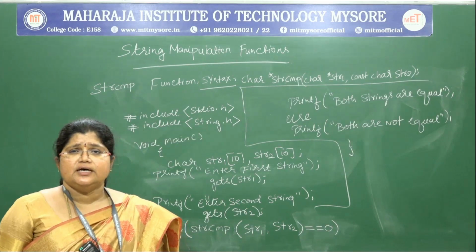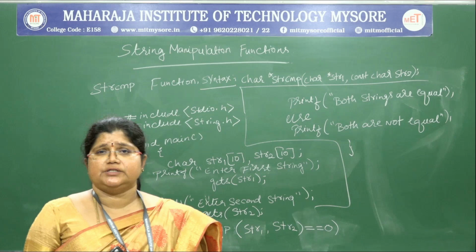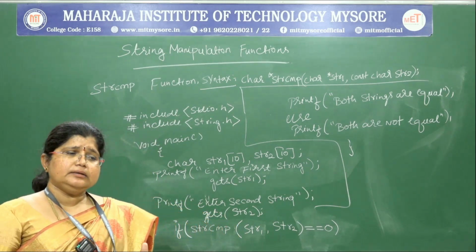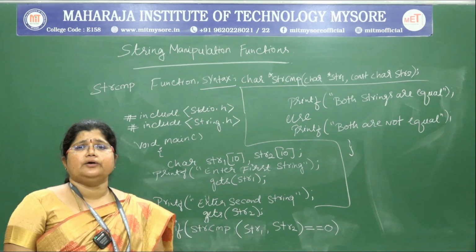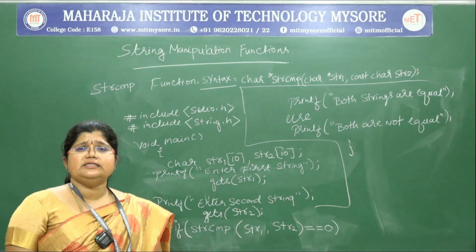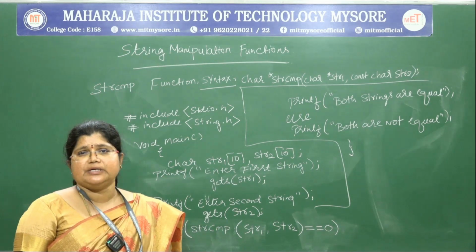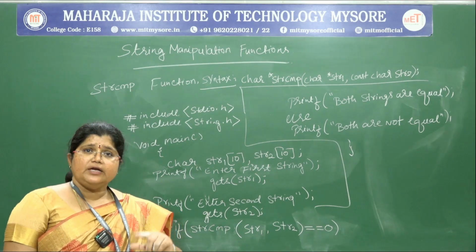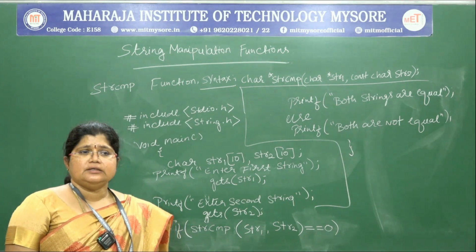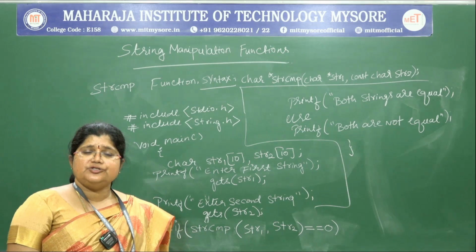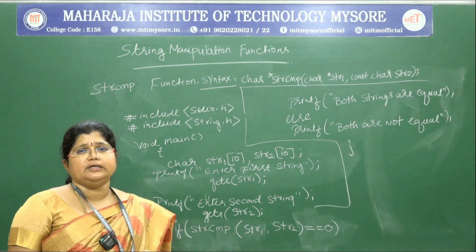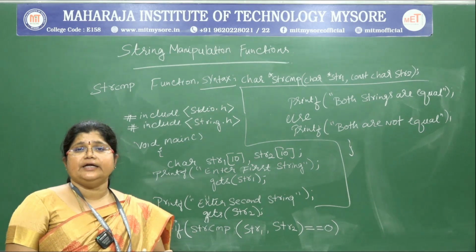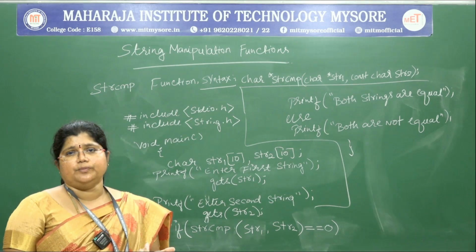The next function is comparison between two strings. While comparing strings, in the background a subtraction operation takes place. Whenever we subtract strings which are the same, we get 0 as the output.